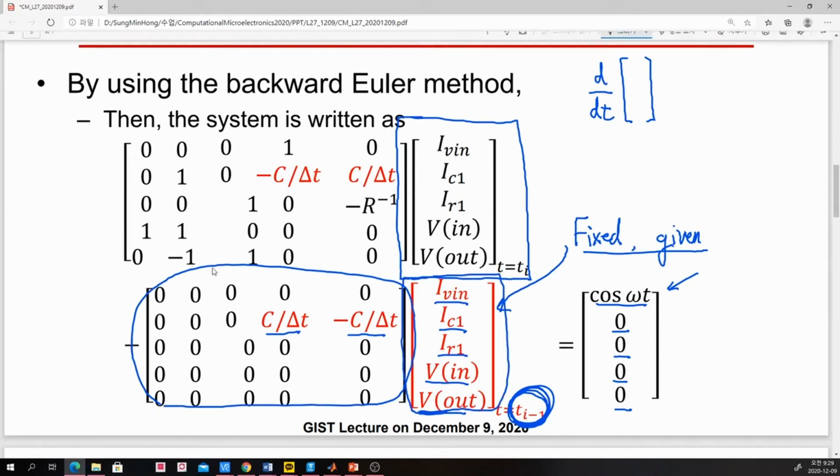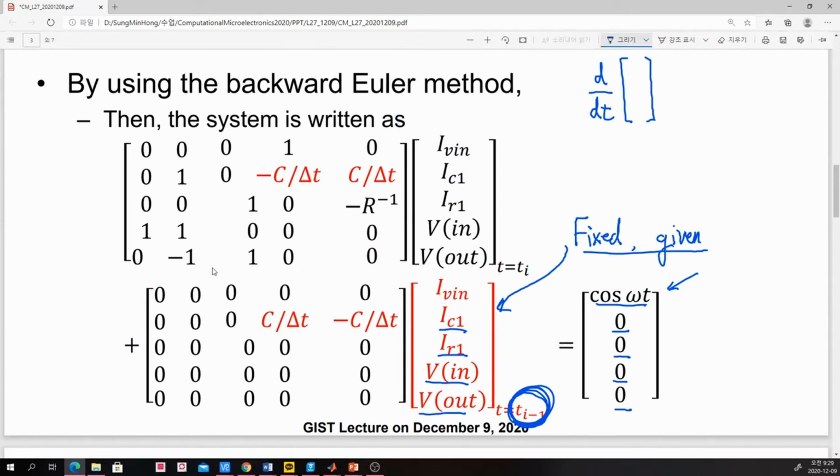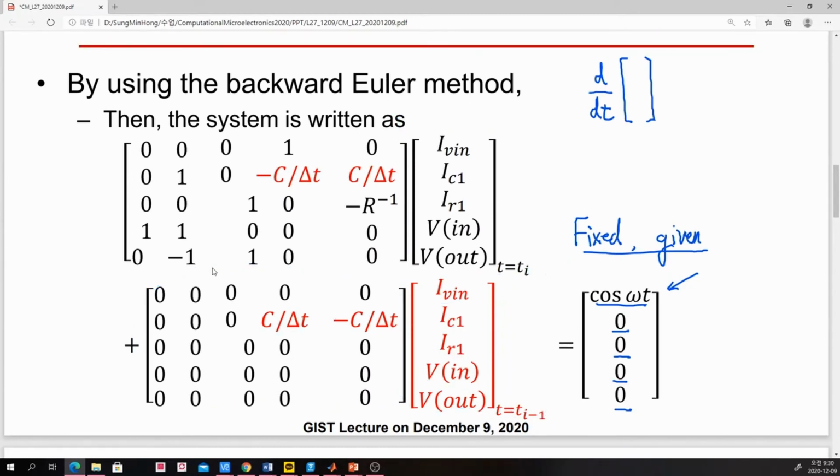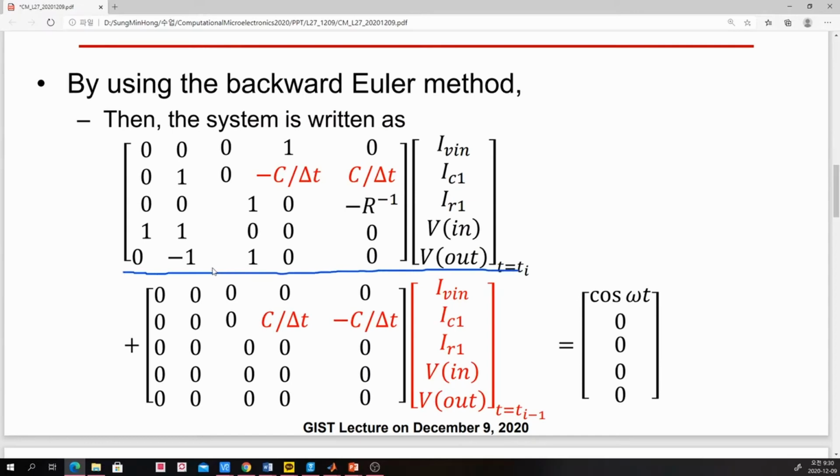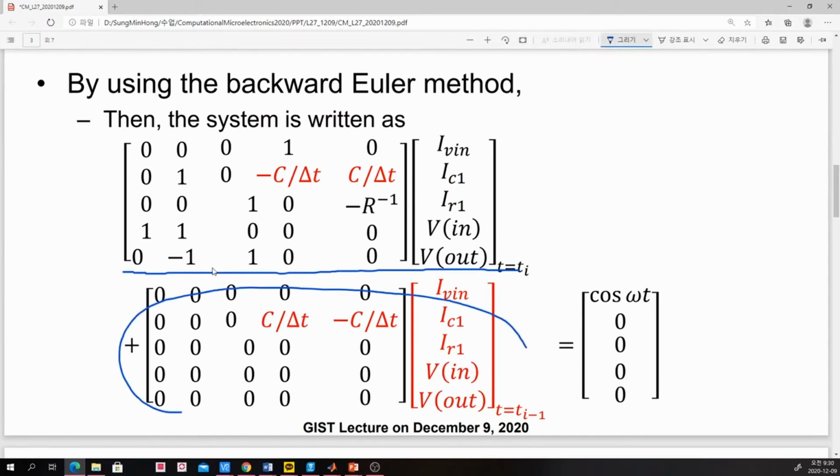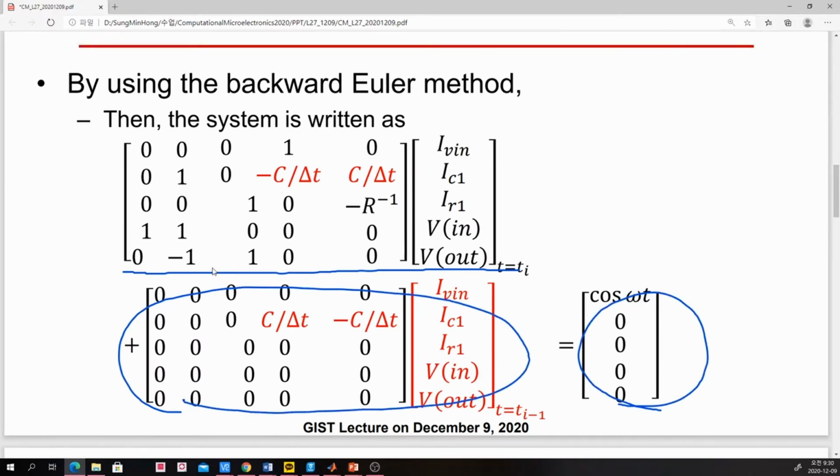So our system now becomes extremely simple. All of the terms except for this one, this guy and this guy, become just a given vector.